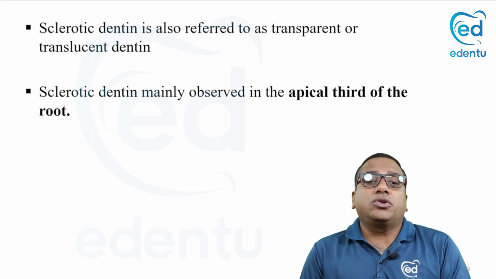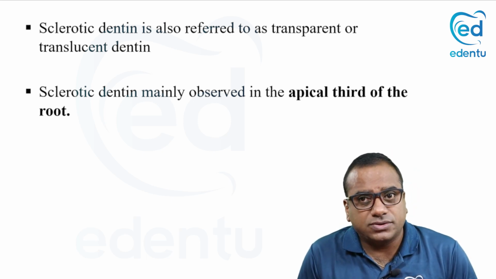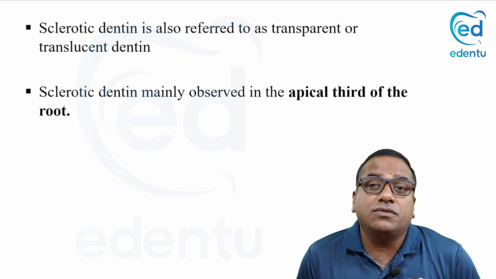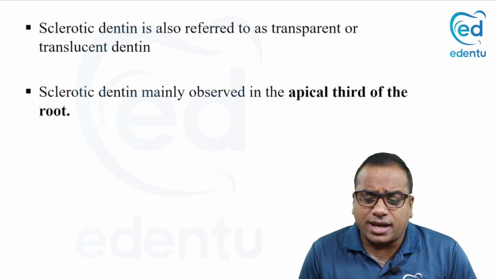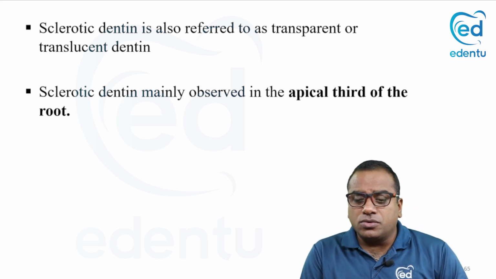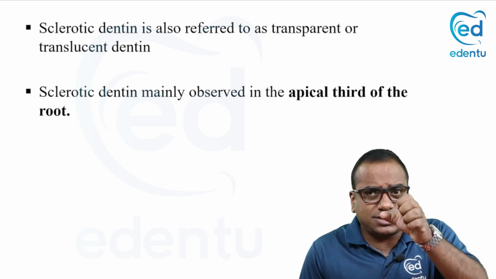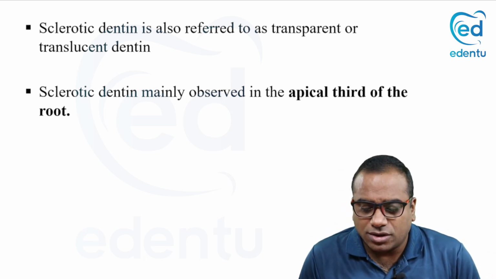It is also referred to as transparent or translucent dentin. So these are the other names. They are mainly observed in the apical third of the root. Sclerosis is a protective mechanism because the dentinal tubules are blocked and this reduces the permeability of the dentin. Because the whole thing gets blocked, permeability is reduced, so sensitivity also will not be there.